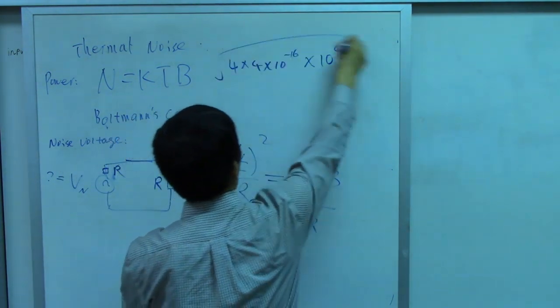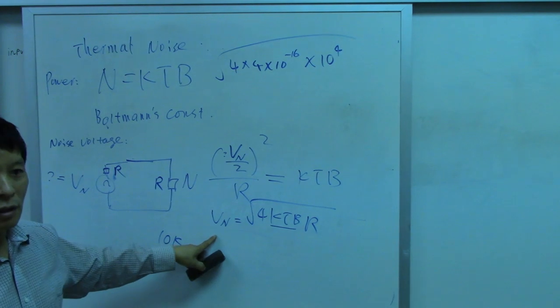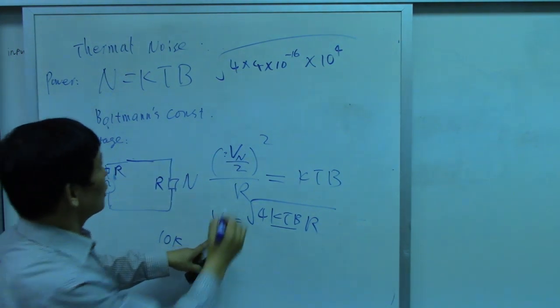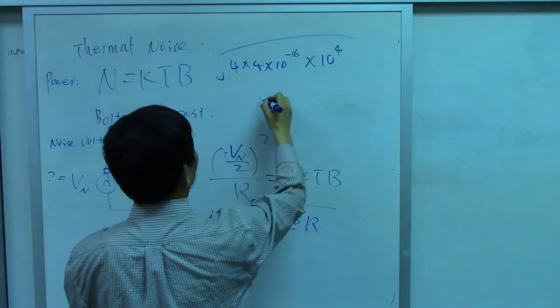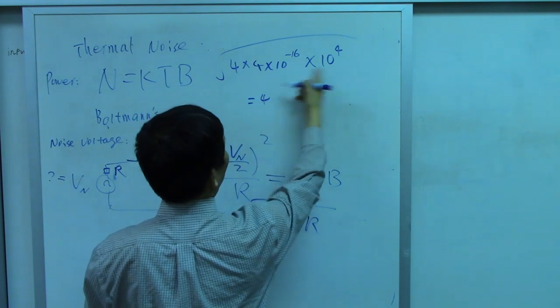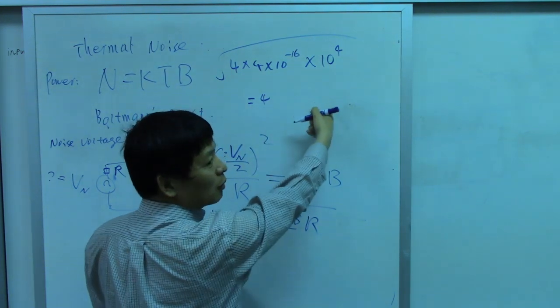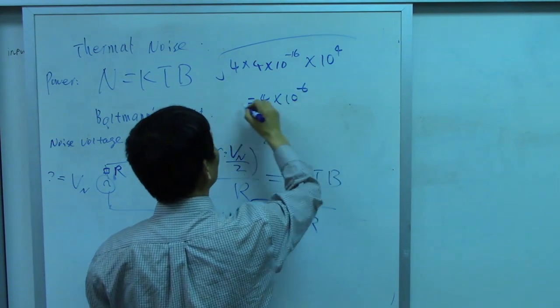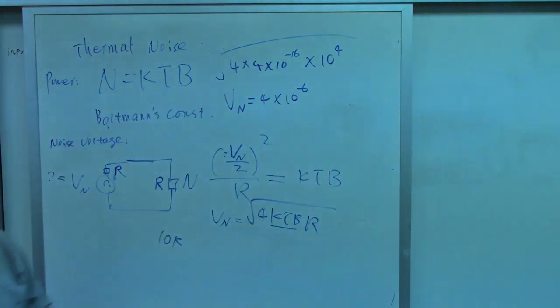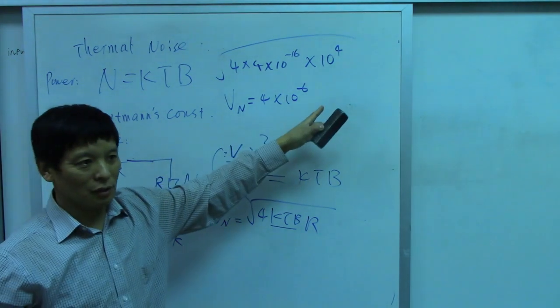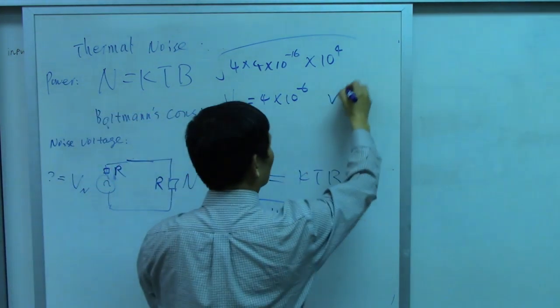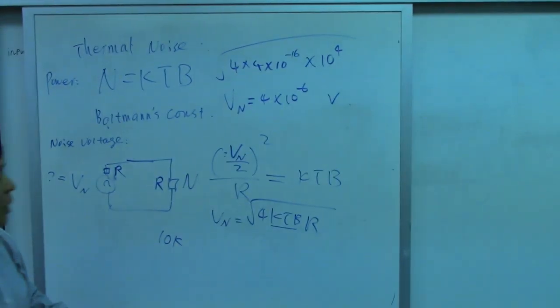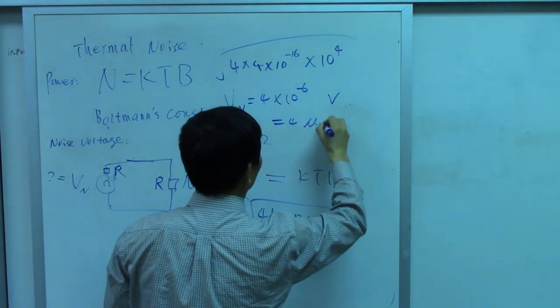And then take the square root. This gives us the noise voltage. And take the root, so this one equals 4. And this one is negative 12. Then take the square root, so that's negative 6, right? So this noise voltage equals 4 times negative 6. The unit equals volt. So that is like a 4 microvolt.